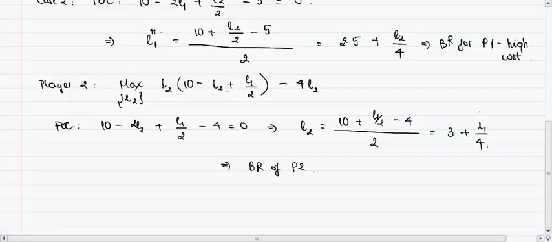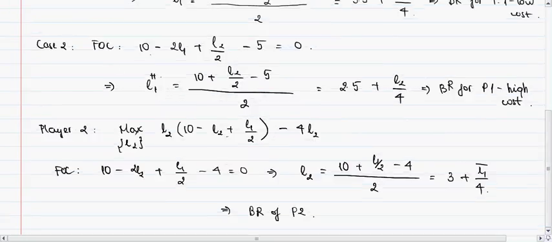I don't know whether you are low type or high type, so I would just respond by assuming that you are somewhere in the middle. So the L1 that he's responding to is going to be the average of L1H and L1L, the L1 of the high type and the L1 of the low type.